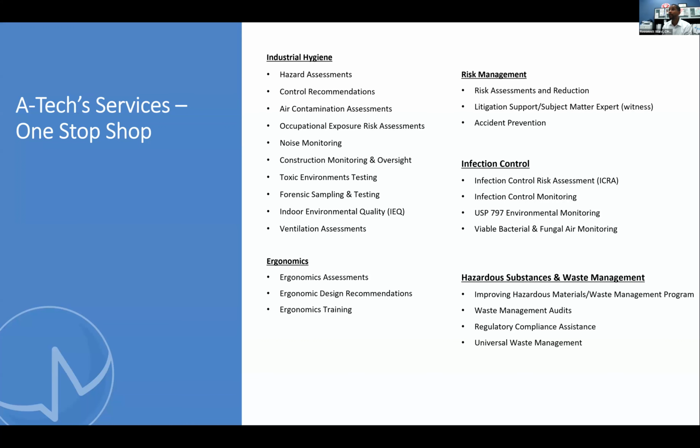We do all viable bacterial and fungal monitoring, in addition to a host of hazardous substance and hazardous waste management consulting. So we do everything from soil sampling, groundwater, contamination, remediation, air quality compliance, you name it. There are not too many services ATEC does not provide as a one-stop shop.